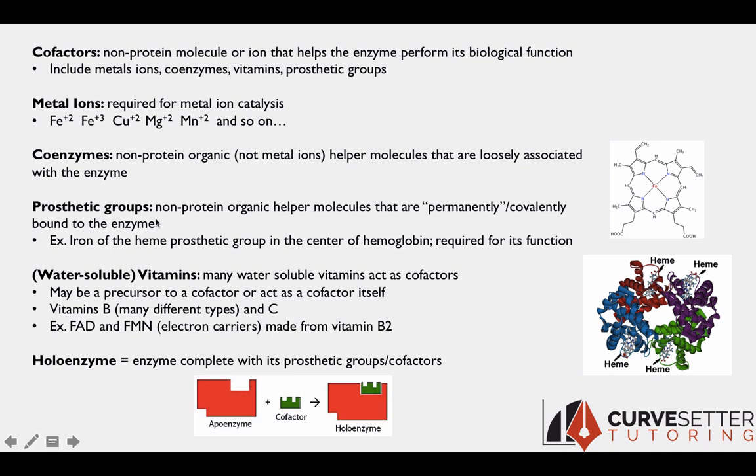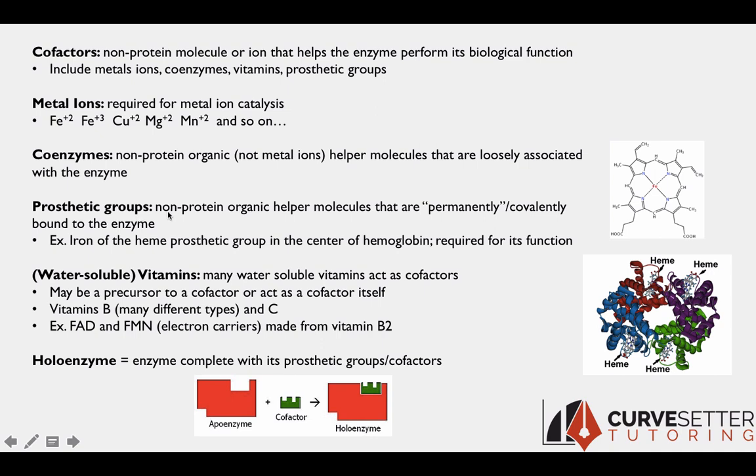So prosthetic groups are like an arm and a leg of the enzyme. They're permanently bound to the enzyme. So it's not a loose or temporary association, but it's a part of that enzyme.